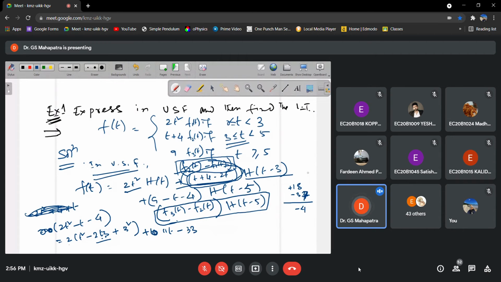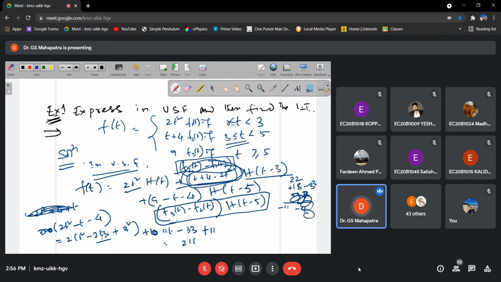You should have minus 4 only. So 18 plus 4, 22. So minus 11 or plus 11? I think plus 11, correct? So plus 11. So this is the middle part.